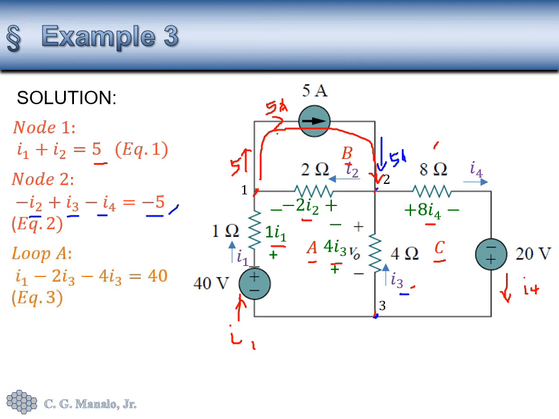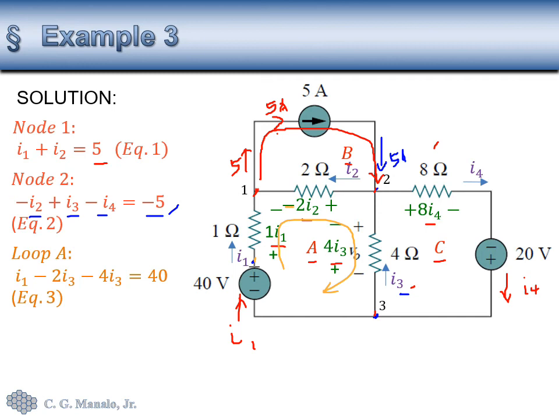Okay, so for loop A, we add all the voltages. Let's say we start here and go clockwise in this direction. So that will be positive I1. Then for 2 ohms, that will be negative 2I2.